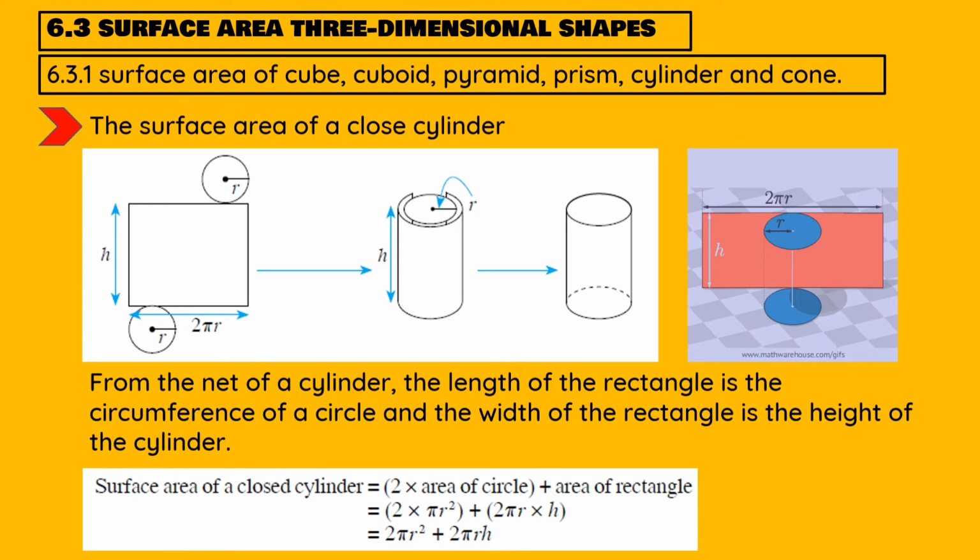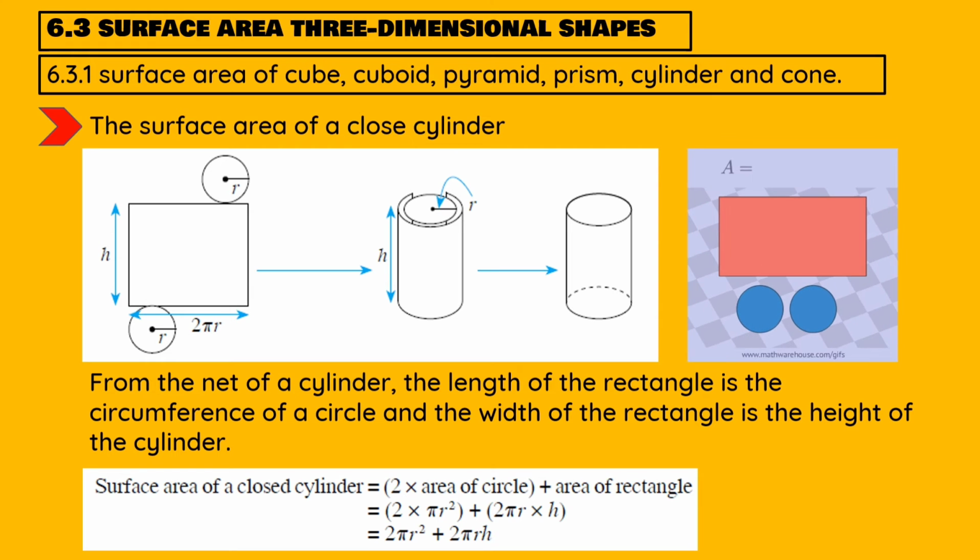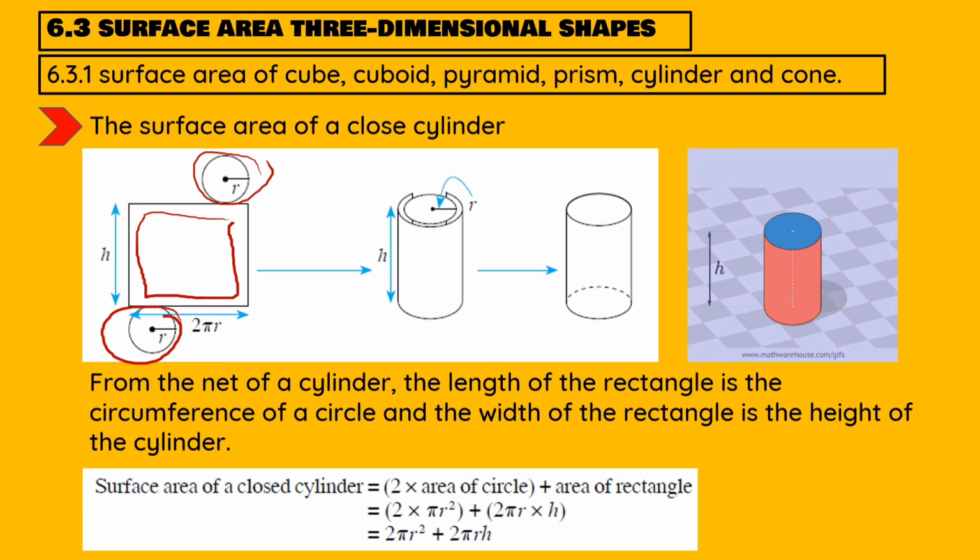The surface area of a closed cylinder is 2 times area of a circle plus area of a rectangle, which will be 2 pi r squared plus 2 pi r h. This is the formula used to calculate the surface area of a closed cylinder.